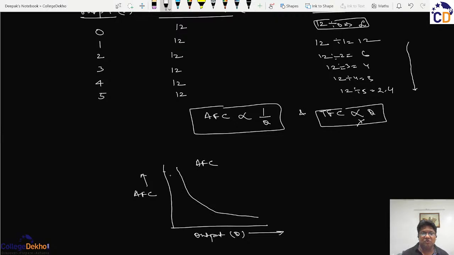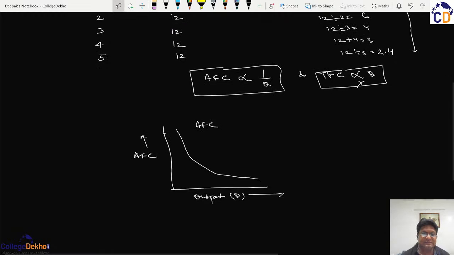So the average fixed cost graph will keep on decreasing as the output increases.